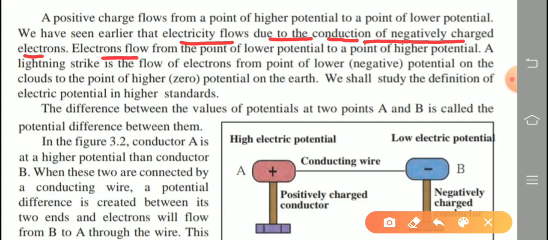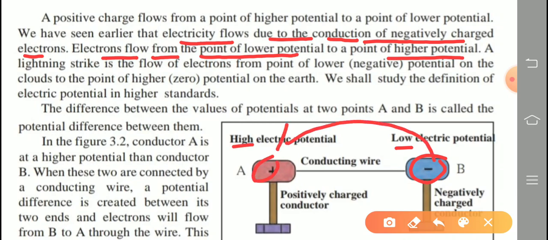Electrons flow from the point of lower potential. Lower potential means which one? Negative terminal. Electrons flow from a point of lower potential, that is the negative terminal, to a point of higher potential. Higher potential means what? Positive. So electrons are flowing from negative to positive.